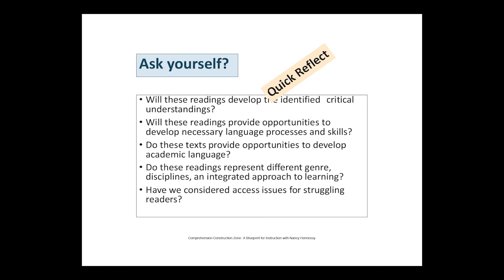Do these texts provide opportunity to develop academic language, not the language of everyday classrooms or everyday language? Our language, in fact, in the classroom should be academic language. And when our language is academic language, we hear that language in our students' conversations. Do these readings represent different genre, disciplines, an integrated approach to learning? And have we considered access for struggling readers? Well, I think I've said a lot about that today.